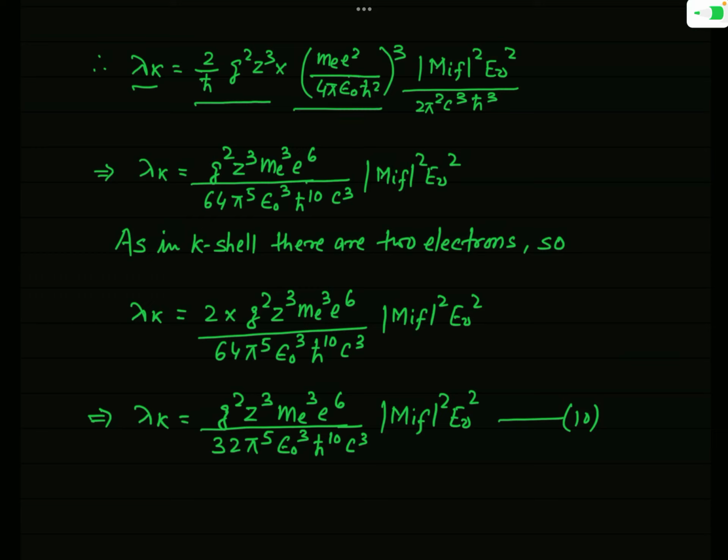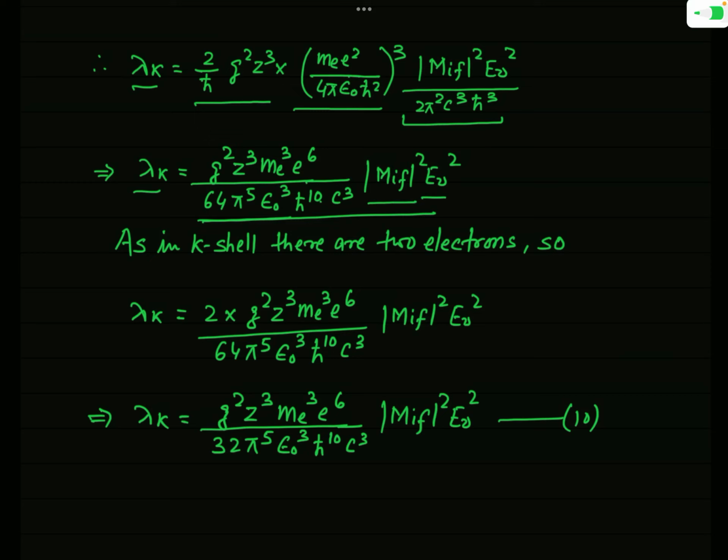This is the value of 1 over a naught cube, and this is the remaining factor. Now after simplification you will get lambda k equal to g square Z cube m e cube e to the power 6, divided by 64 pi to the power 5 epsilon naught cube h bar to the power 10 c cube, times mod of M if square times E nu square.